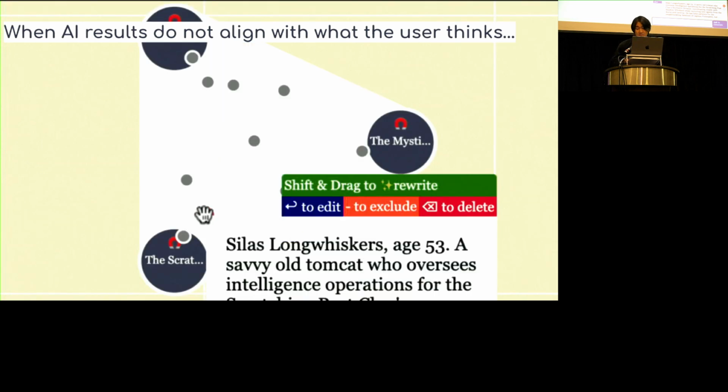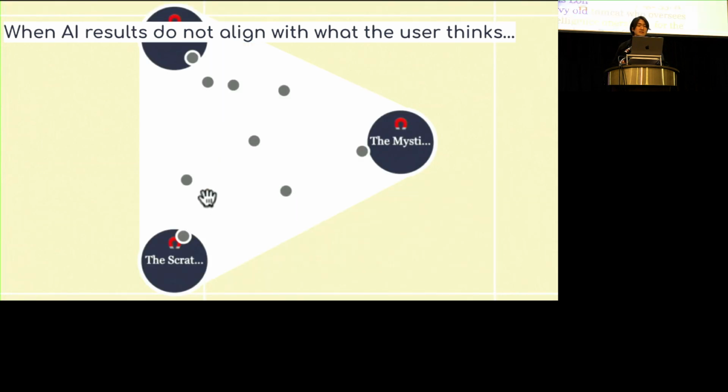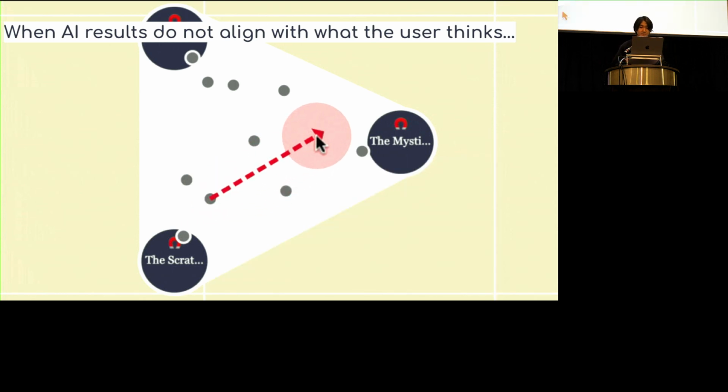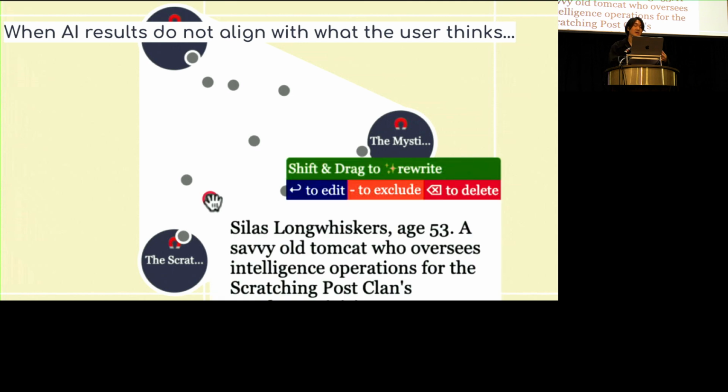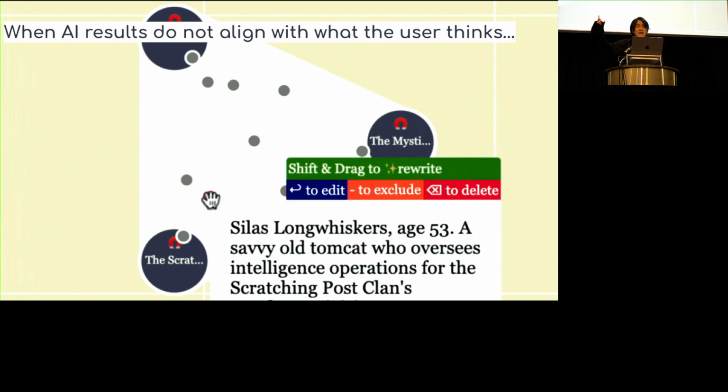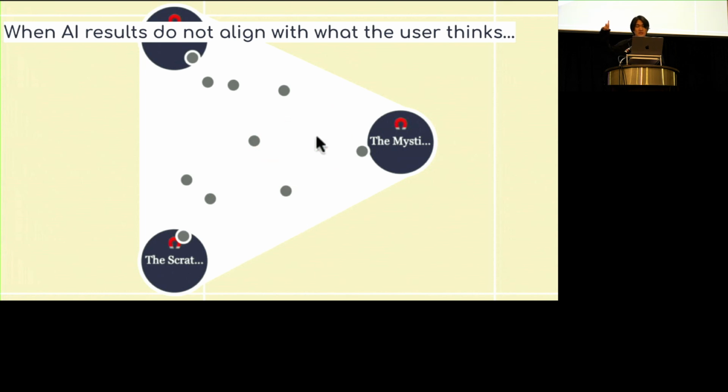That is, if the tool places this specific world element in the wrong place from the user's perspective, they can simply drag it. Or if they think that the description of the world element is misaligned or needs to be revised, they can drag it while holding the Shift key, and then the tool will try to rewrite this world element's description so that it can be placed in the user's newly indicated position.